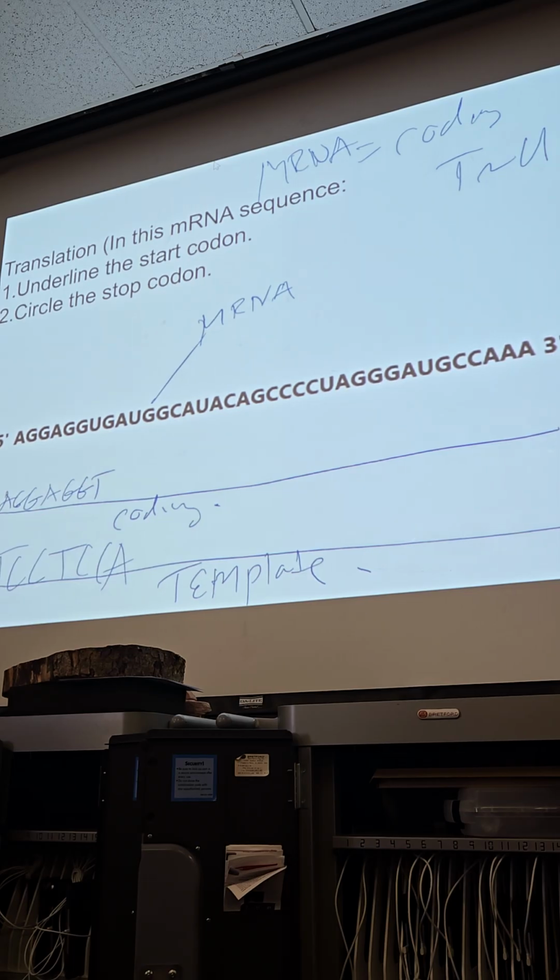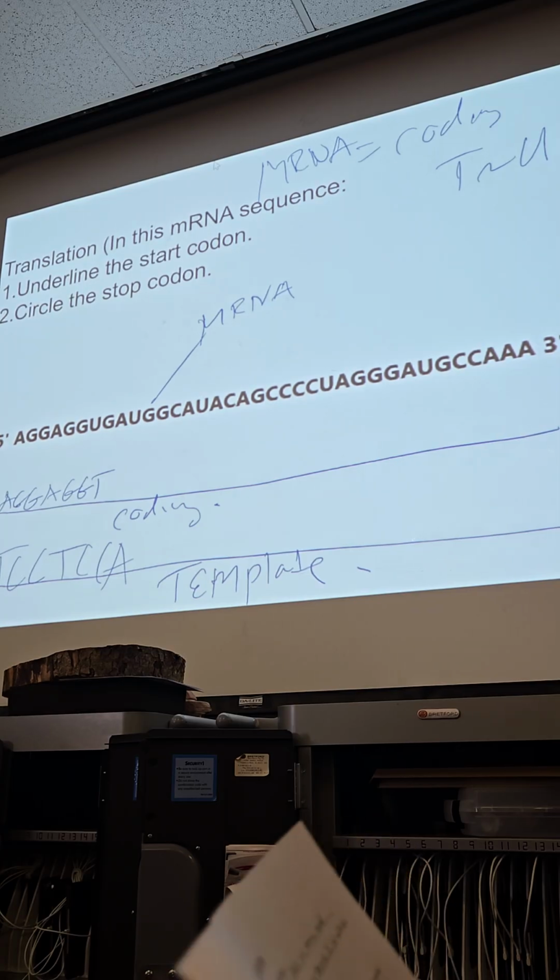So if the tRNA is broken, that's going to show up in many proteins. If it's a single mutation showing up in one protein, that's a mistake in that protein. But if it's showing up in many proteins, it's a mistake somewhere else, like the tRNAs. Okay? Keep going.